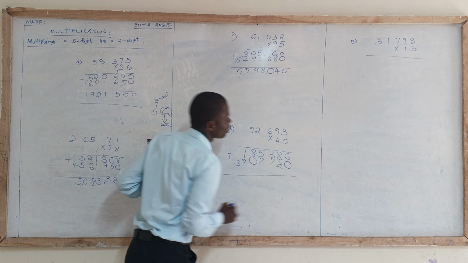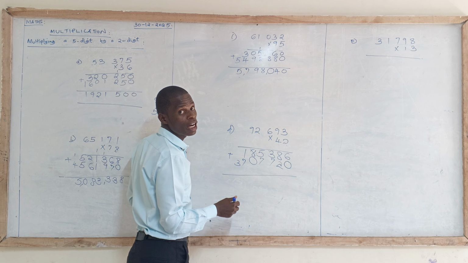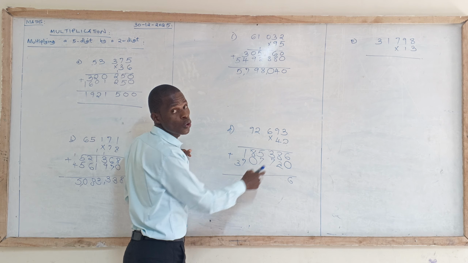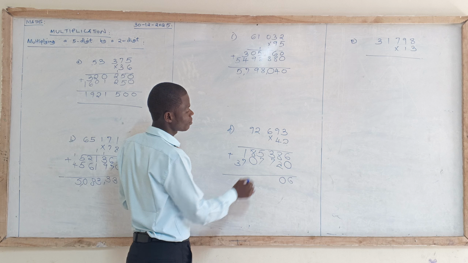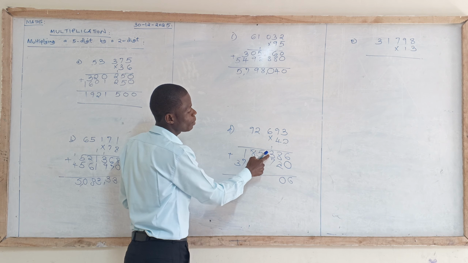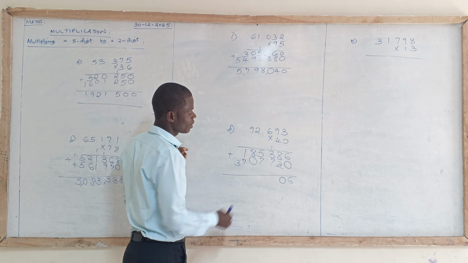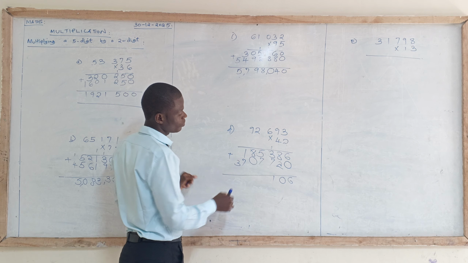Now the next step is our addition. Let us add together. 6 plus 0, what do you have? This now, 6. 8 plus 2, what do you have? 10, right? 0. Carry 1, carry it on top there. 1 plus 3, we have 4, plus 7, we have 11, right? 1, carry 1.